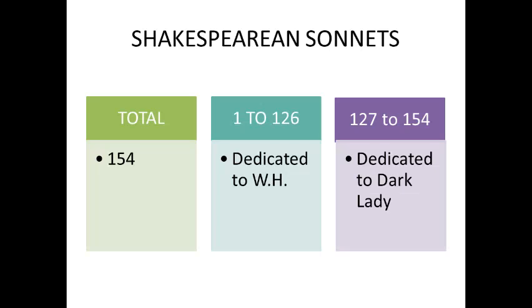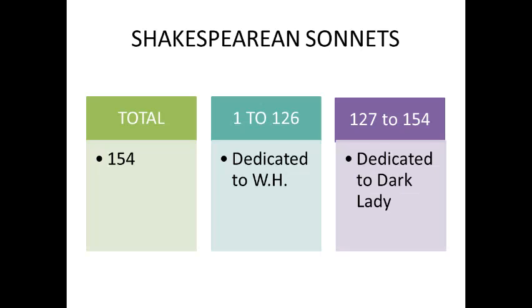But they were in circulation as early as 1598, and maybe they were written between 1595-96. Now, if we try to divide the sonnets, we could classify it as the first 126 sonnets were addressed to a young and handsome man who has been interpreted as the Earl of Southampton, or William Herbert, who was the Earl of Pembroke.